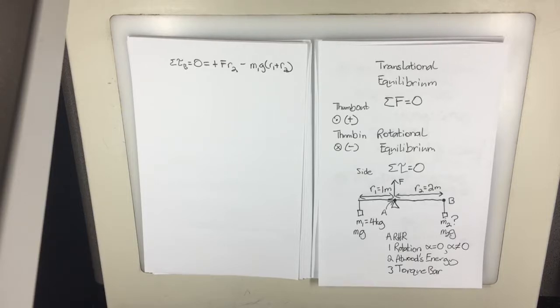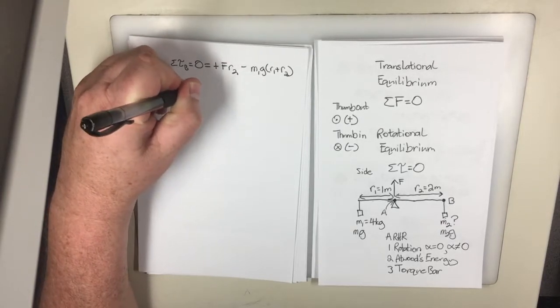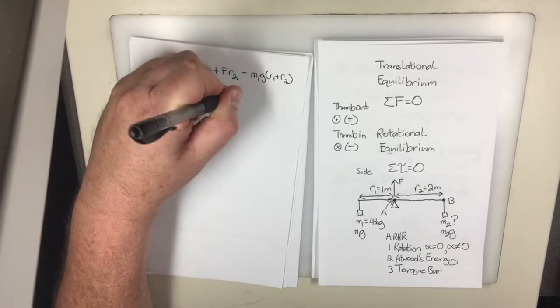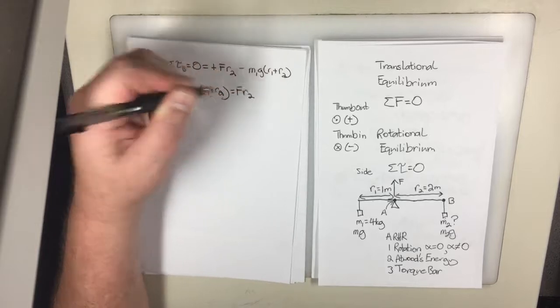Now some people say, oh, rotate counterclockwise, rotate clockwise, whatever. The way that I do it is with the right-hand rule. As long as you're using the right hand and apply it correctly, it will give you the right answer. So our only unknown in this case is F. So M1 G, R1 plus R2 is equal to F R2.